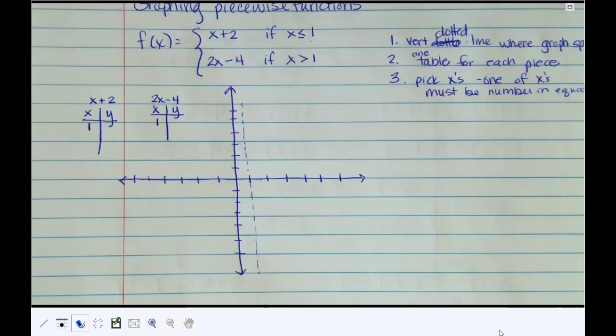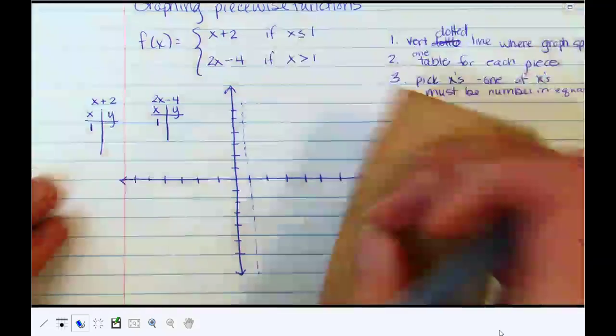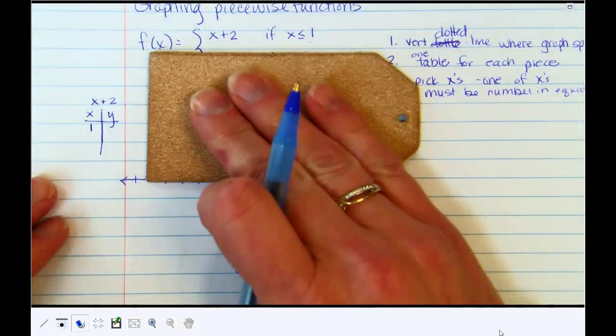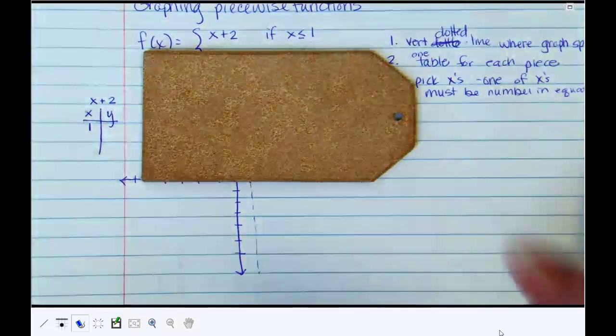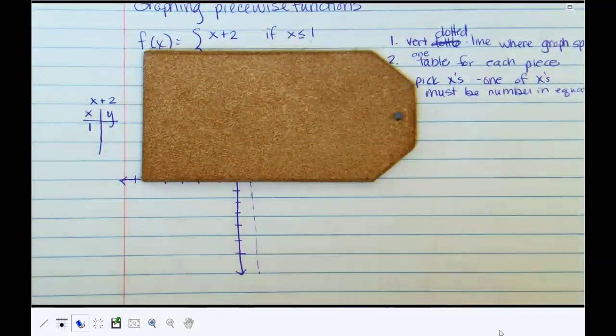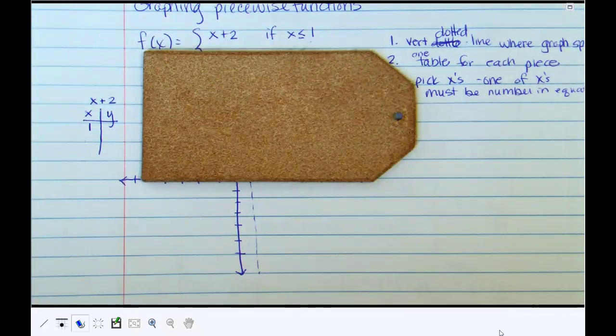Now, this is the part that is going to screw you up, so pay attention right here. For x plus 2, that's the top. Let's look only at the top. What does it tell us has to be true about our x's? It should be less than or equal to 1. So what other x value could I use? 0. We're not going to put 0.1 in because that's annoying.